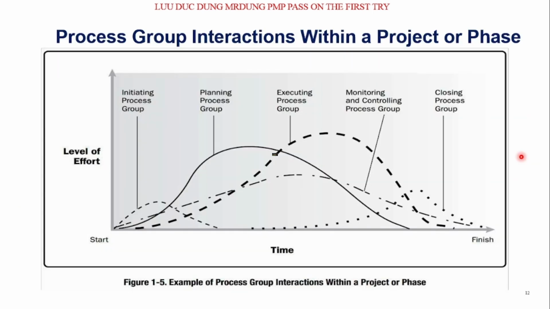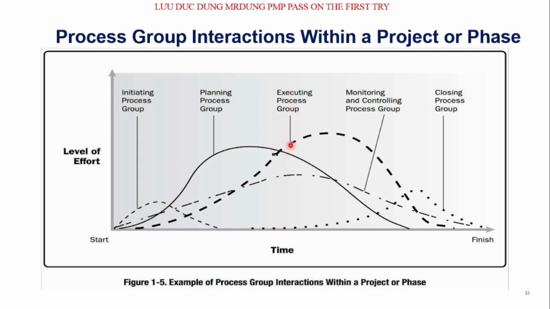And this is the process group interaction within a project or phase. You can see we have 5 process groups, and this is the relationship of the 5 process groups. It's not independent. At some time from start to finish, we have to manage 2 or 3 process groups at the same time.